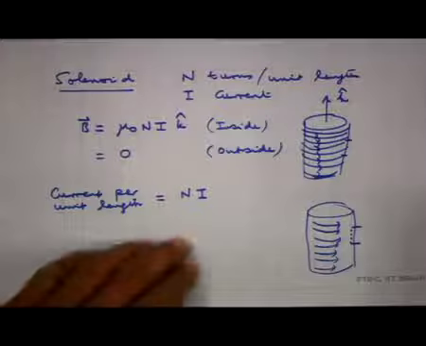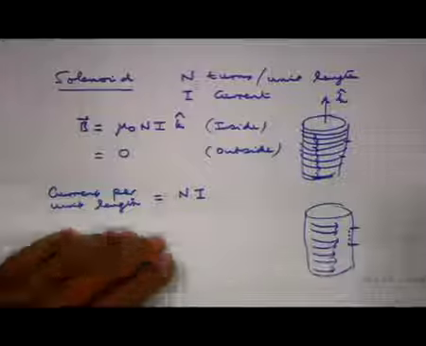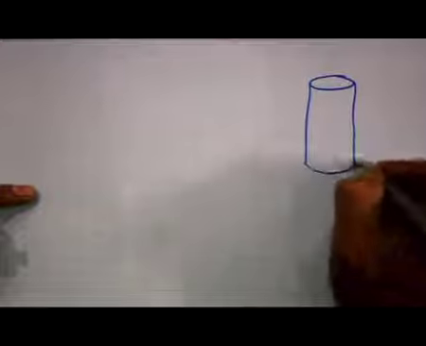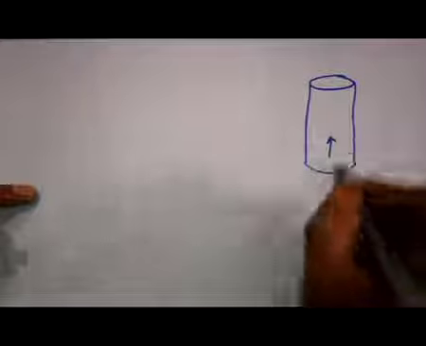Now, this gives me an idea that because a uniformly magnetized sample, suppose let me take a uniformly magnetized cylinder magnetized in this direction.